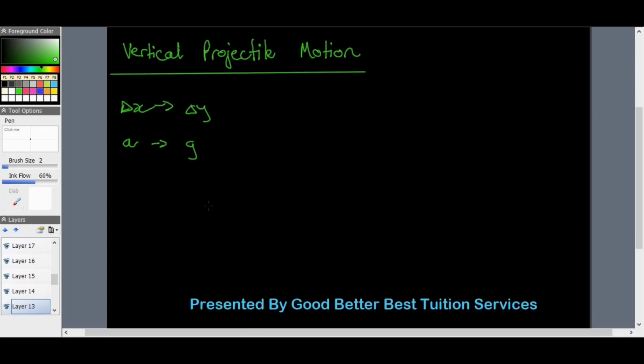It pulls us down with a downward gravitational force, which is known as g, whose value is calculated at 9.8 meters per second squared. We're familiar with that. This is a force of attraction towards the center of the Earth and is known as the weight of the object.